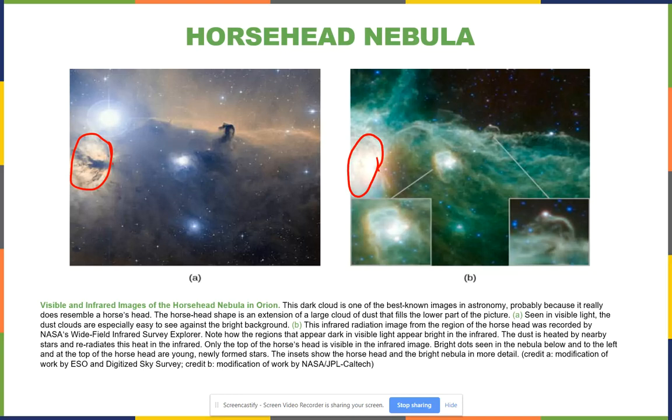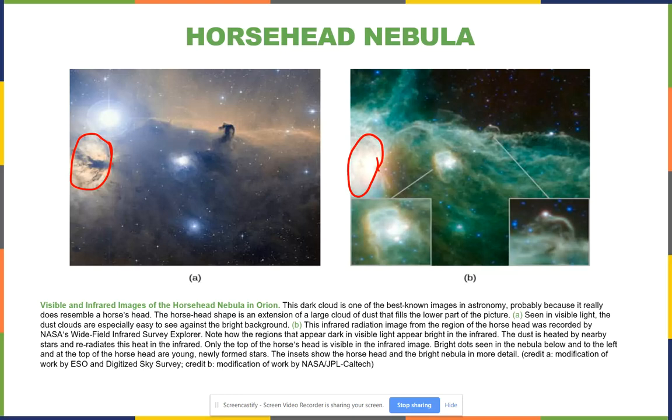If it's dark in visible light, that means it's not allowing any light to come through it. If it's bright in infrared, that means it's warm, right? It's not piping hot or it'd be giving off visible light.